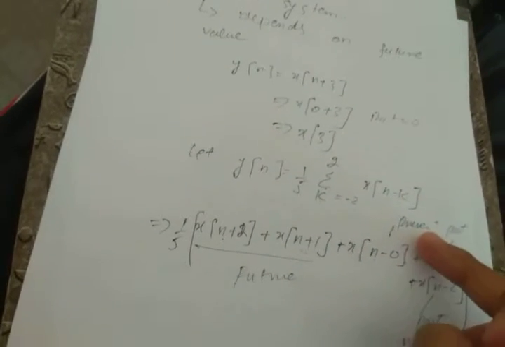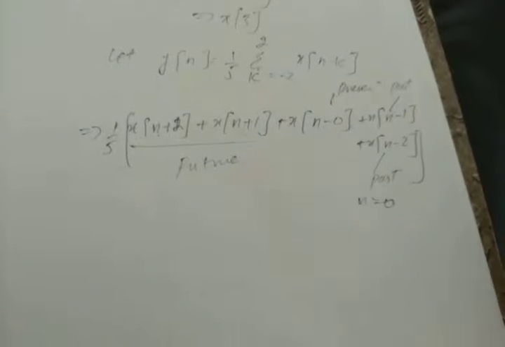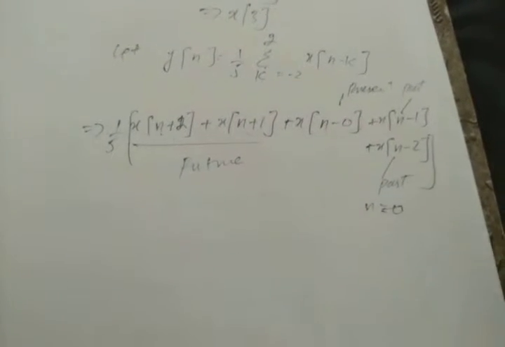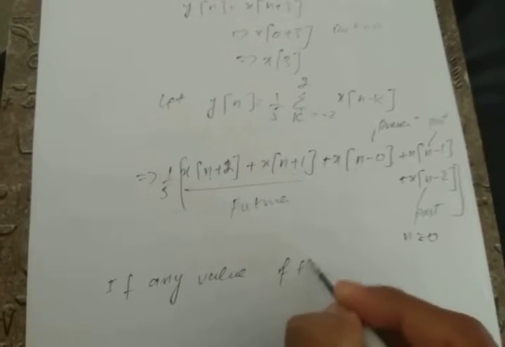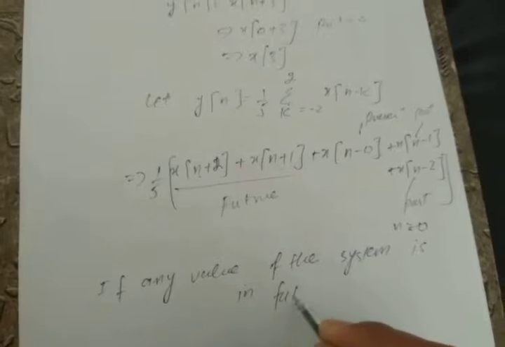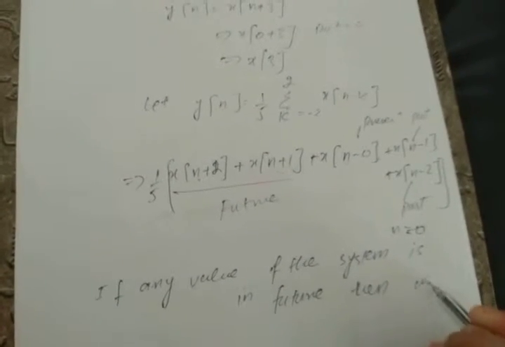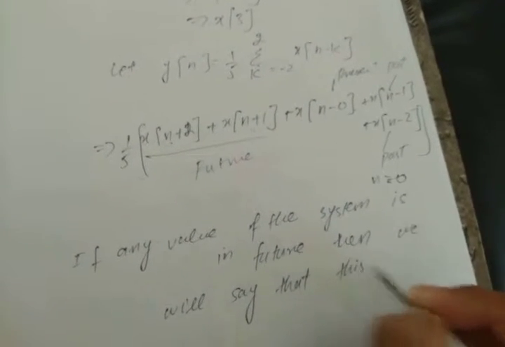Here we have two future values, and in x of n minus 0, when we put n is equal to 0, we have the present value. In x of n minus 1 and x of n minus 2, putting n equal to 0 gives us past values. If any value of the system is in the future, then we will say that this is a non-causal system.